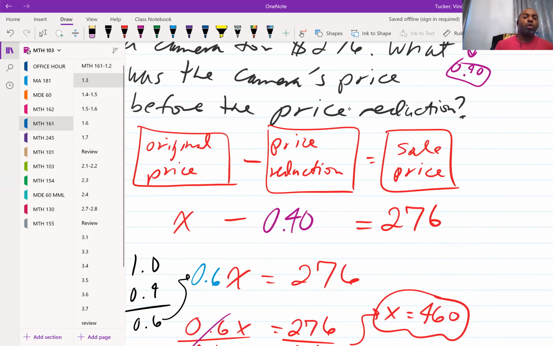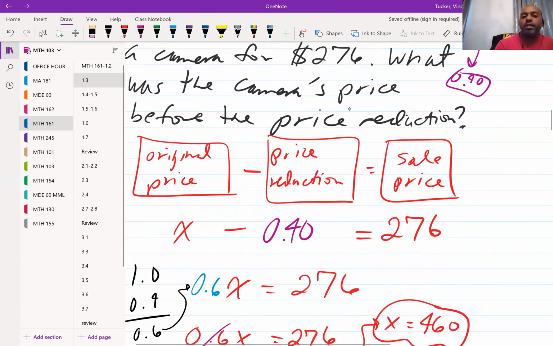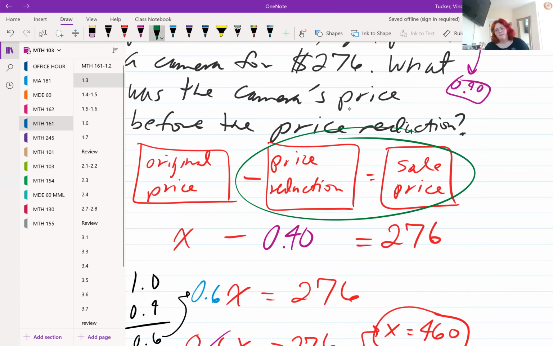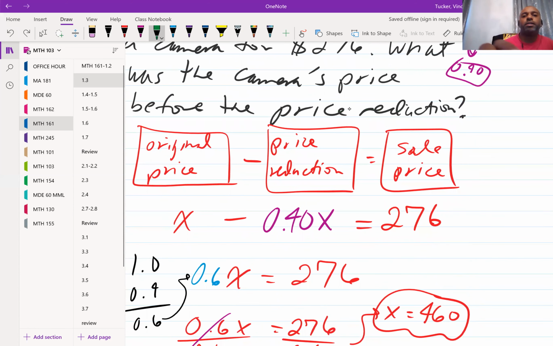You say, well, what were you taking 40% of? It was the original price, because that was the only thing that was there before any of this occurred. So that's why you have to do that. Your percentage wouldn't stand alone. It has to be applied to something or multiplied to something. Okay. Thank you.